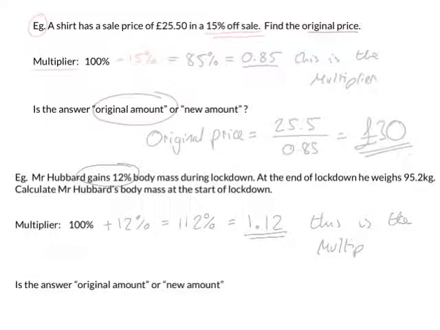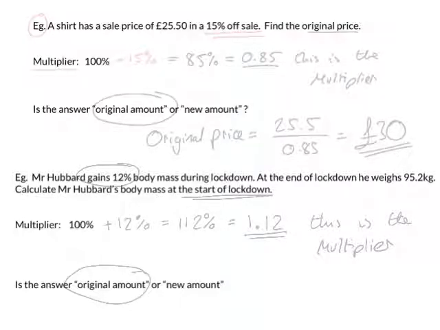Again, we're looking through the question to decide whether our answer is the original amount or the new amount. Now, Mr. Hubbard's body mass at the end is going to be the new amount, because that's my new mass. At the start, that's the original amount, because that's what it was at the beginning.